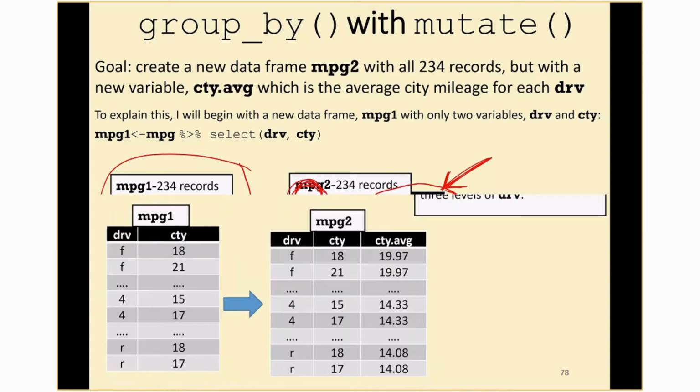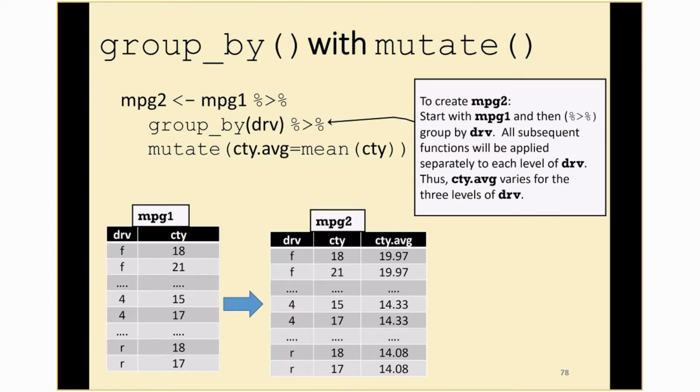So here's the code that does that. I'm going to create MPG2 by starting off with MPG1. There's my piping operator. I'm going to group by drive, and then use mutate to create this new variable called city average, which is just the mean of city mileage.